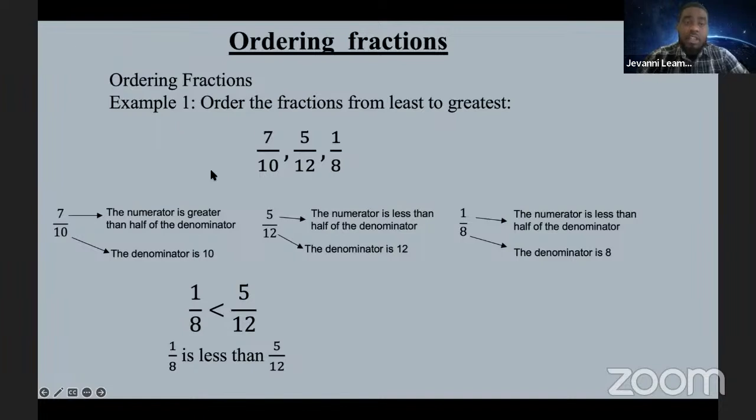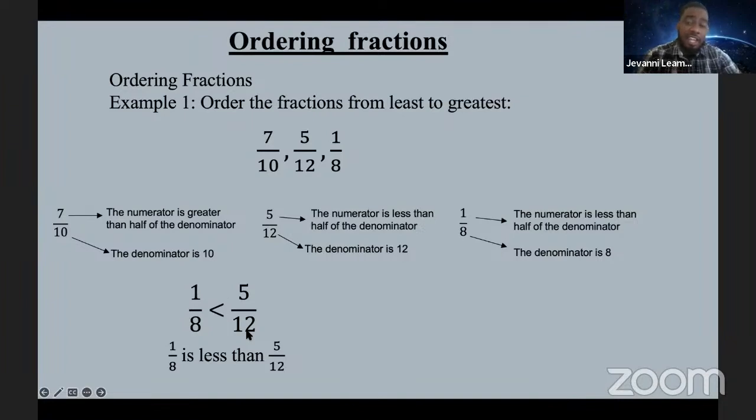All right. Now, if you notice, the 7/10 is the only one that is greater than a half. And this is why I never put the 7/10 in when comparing the other fractions as yet. I'm working with the two fractions that were deemed less than a half, which are the 1/8 and the 5/12.